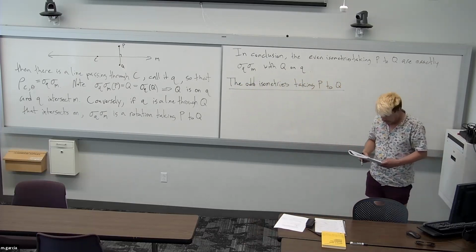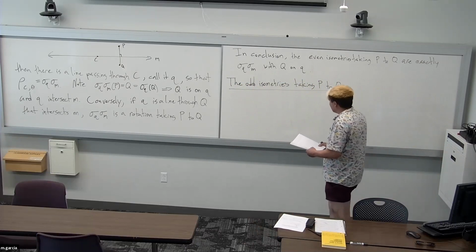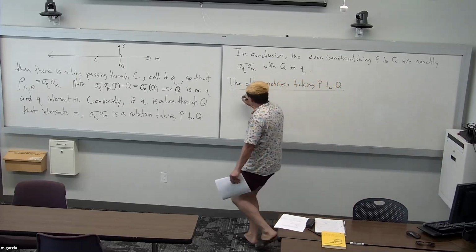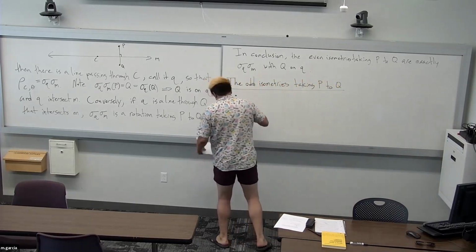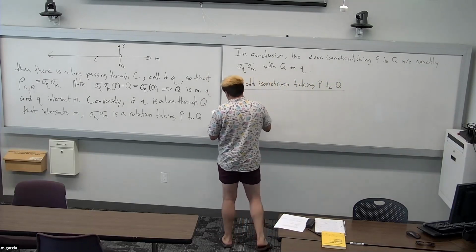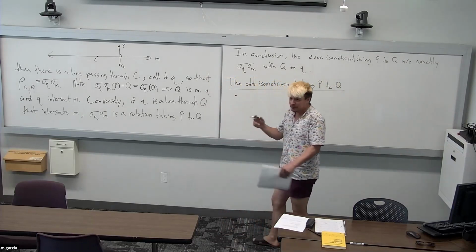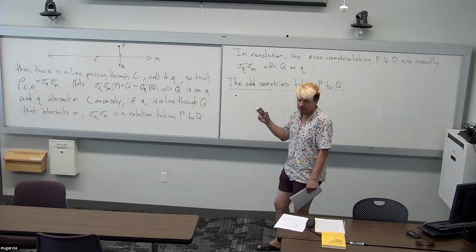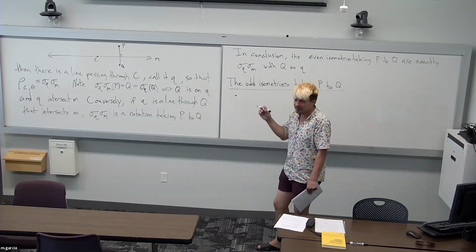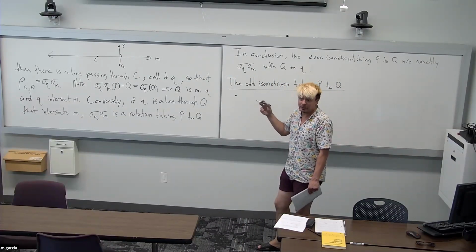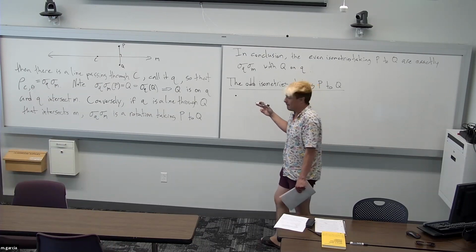Well, okay. It's kind of a similar dichotomy, right? We have reflections. There's a unique reflection taking P to Q, which is the reflection about the line M, right?